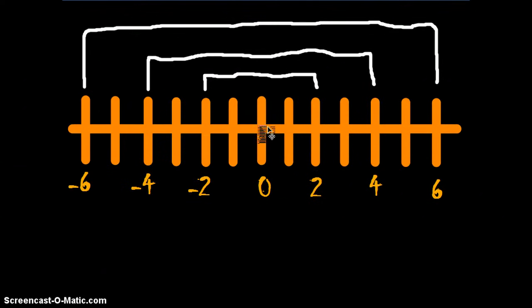The opposite of 2 would be 2 units away from 0 on the left side, and that would be negative 2. So negative 4 would have an opposite of positive 4 because they both have a distance of 4 from 0. And positive 6 has an opposite of negative 6 because they are both 6 units away from 0.